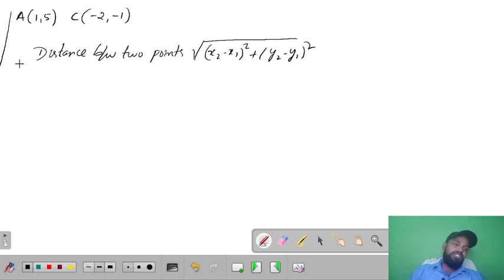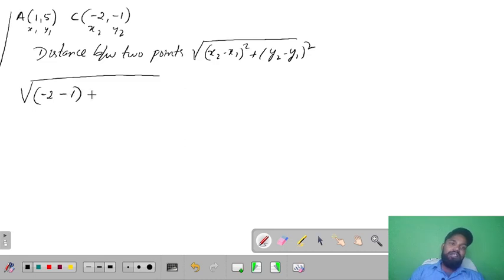So consider this as x1 y1 and x2 y2. So x2 value minus 2, x2 minus x1, what is x1? That is 1, and plus y2 minus y1, what is y1 here? 5 whole square.